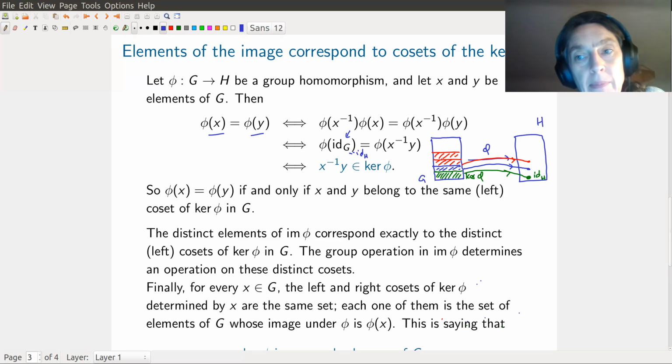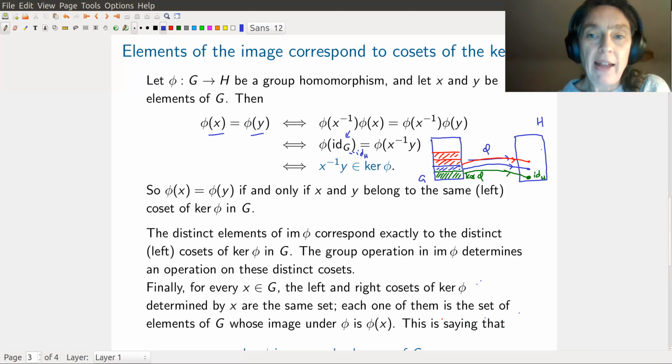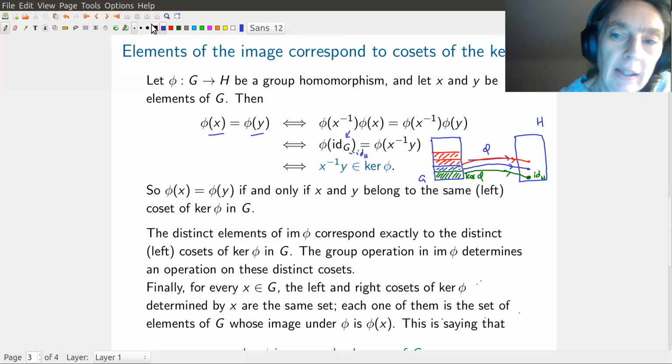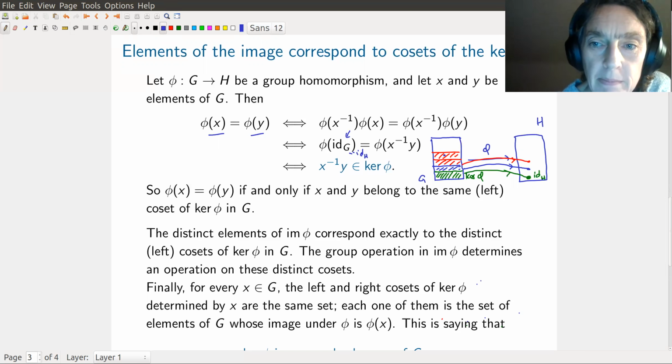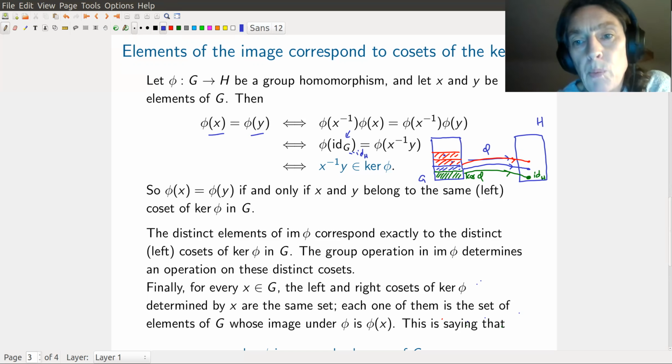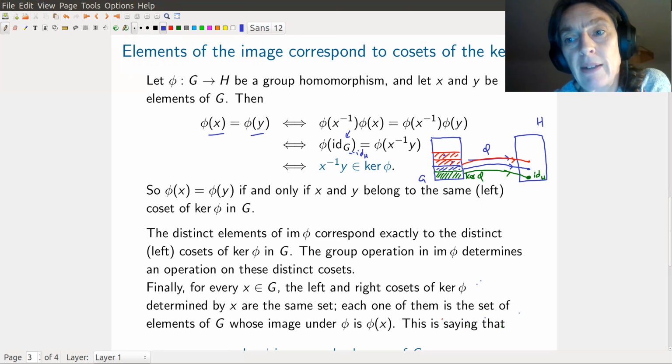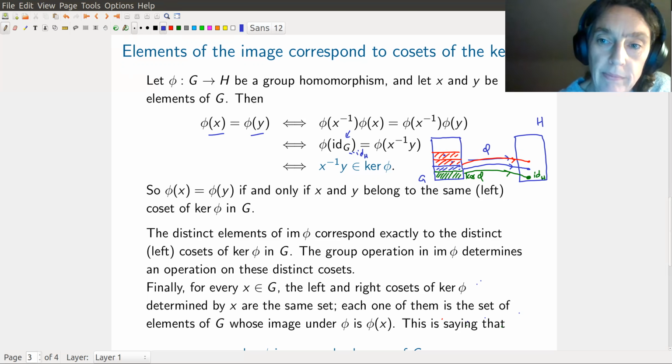Not only that, but the group operation over in the image of phi respects this division of G into cosets. And what I mean by that is, if we take a pair of elements over here in G, each of them will belong to some coset. We can map them over to H and take their product over in H. That will give us an element in the image of phi.